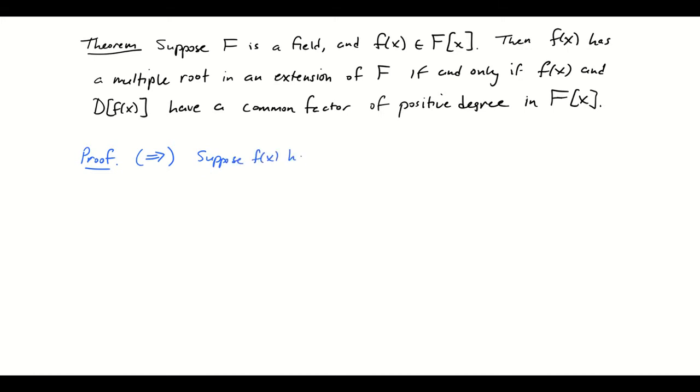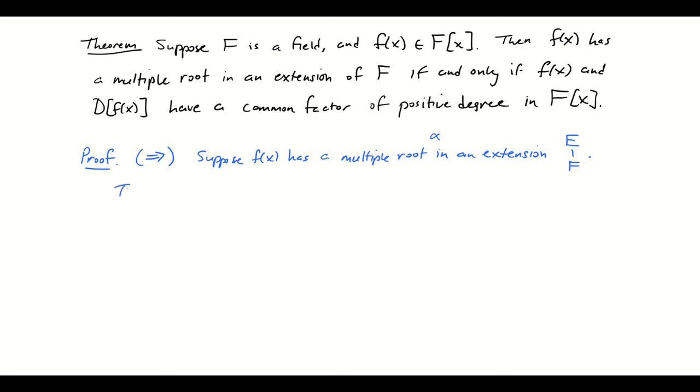So suppose f(x) has a multiple root in an extension E over F. Okay, and let's go so far as to call that multiple root alpha. Now let's interpret what it means for f(x) to have a multiple root alpha.